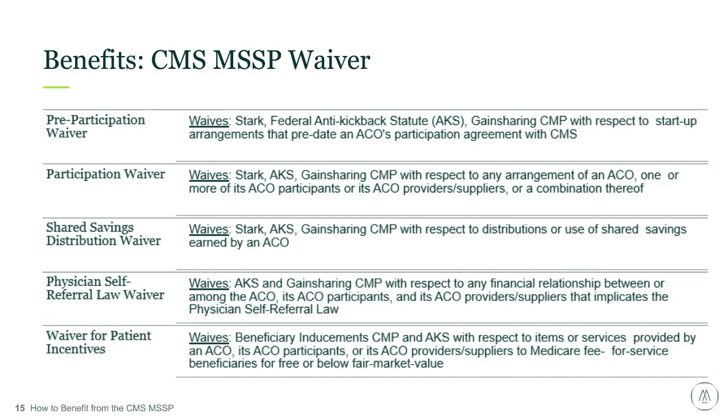A lot of us have looked at clinical integration by standing up CINs, which have been terrific. The real advantage of the CMS MSSP is that we're deemed clinically integrated when we move forward with that application. When we get into the participation waiver, now we are just right in with participation. We've got the waiver.